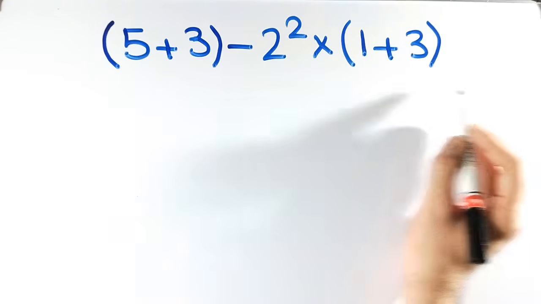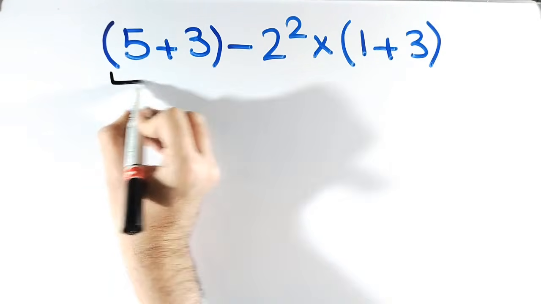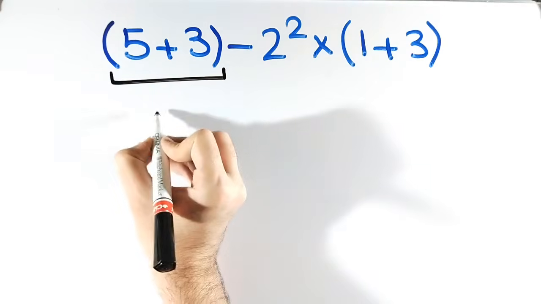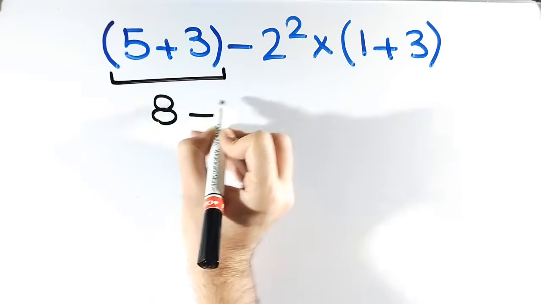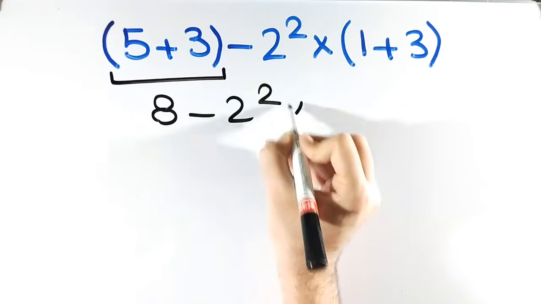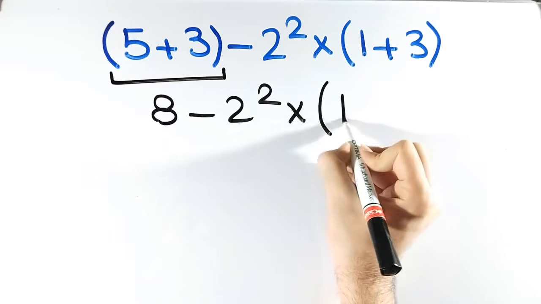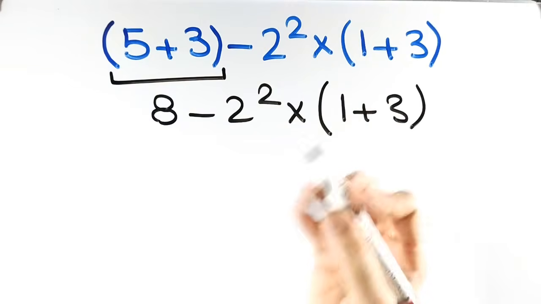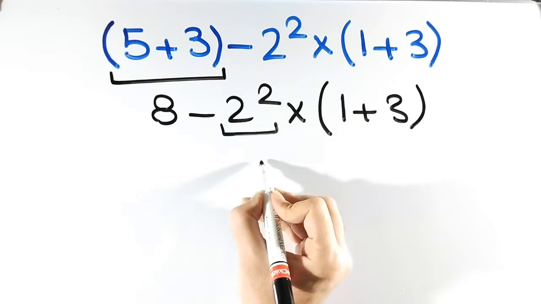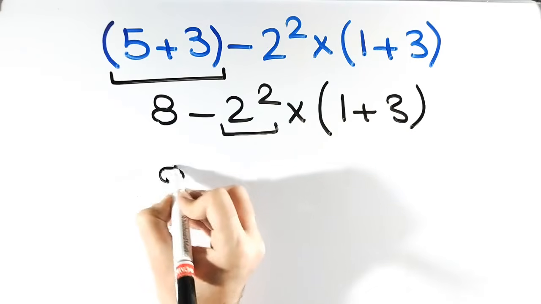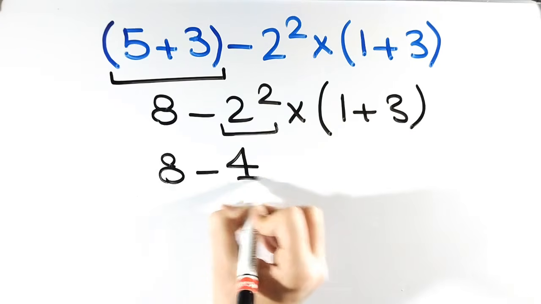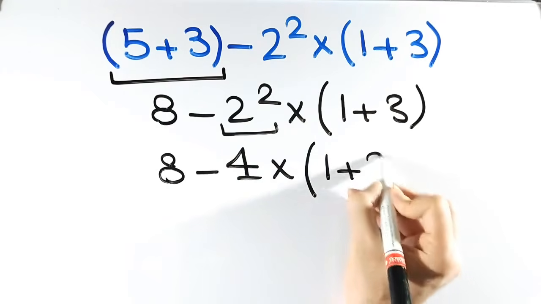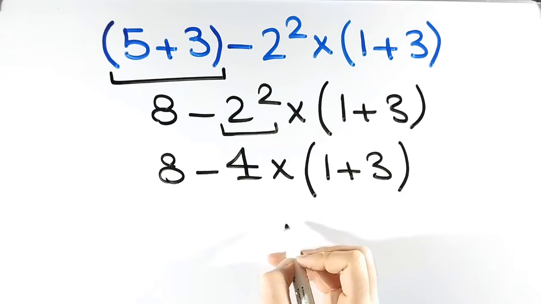Many people when solving this question go straight to the expression inside the first parentheses, and instead of this expression they write 8 − 2² × (1 + 3). In the next step, they go for the exponent and write this expression as 8 − 4 × (1 + 3).